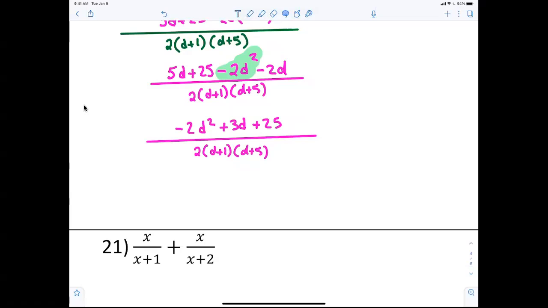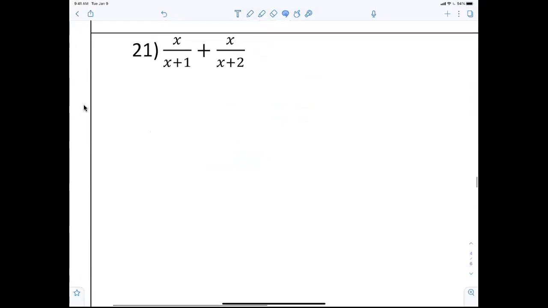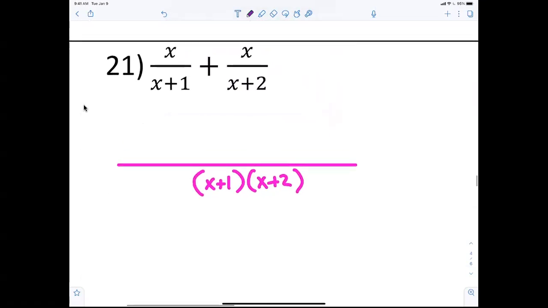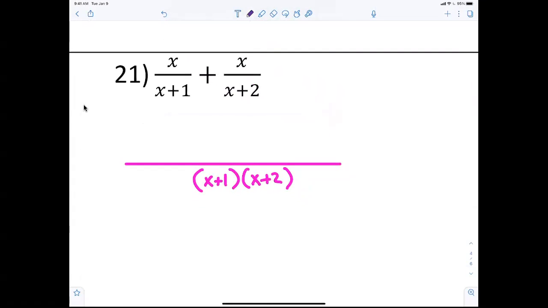All right, we should be getting a little better now. Let's everybody take a look at 21. Someone tell me a common denominator. X plus 1, X plus 2. Yep, that's good. Now, this is how I used to like to do it, to save myself some time. Multiply the top numerator by what?